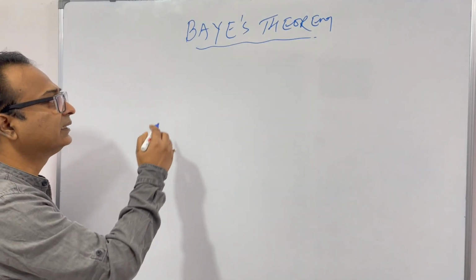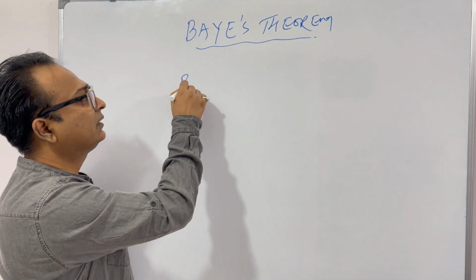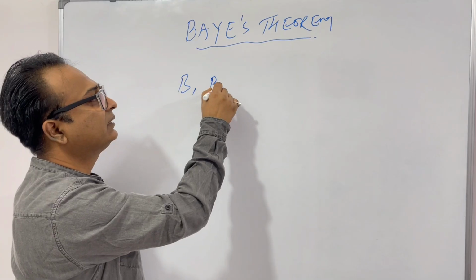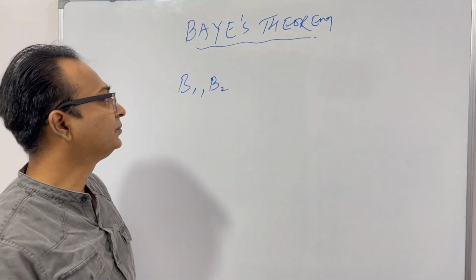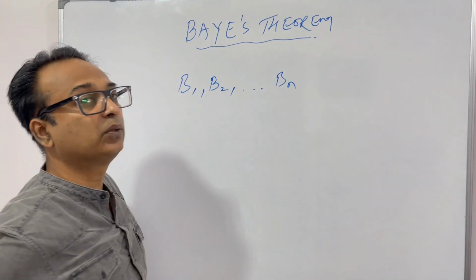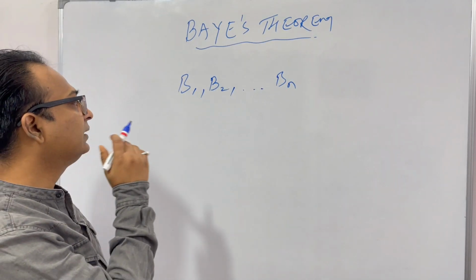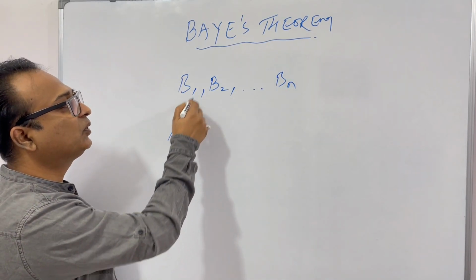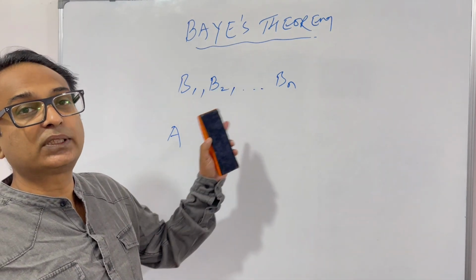Let's start. It says if there are n number of events which are exhaustive, that is B1, B2, up to Bn are exhaustive events, and if A is the event that corresponds to these exhaustive events.